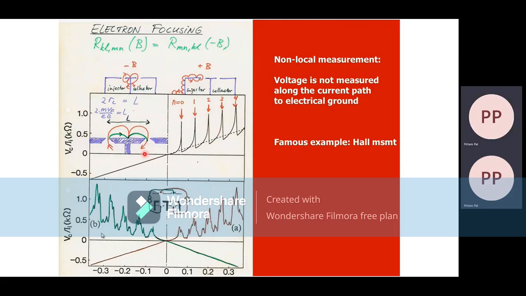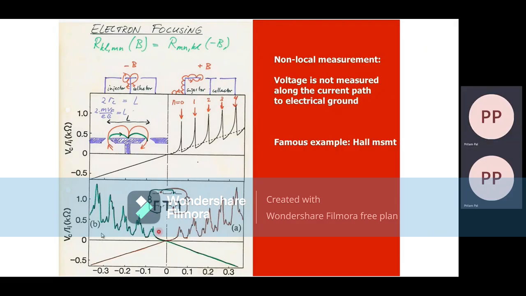Below here you can see the actual experimental data, where for the red trace the situation matches the theoretical prediction. The collector is on the right side, and we can see a series of peaks for positive fields and a featureless slope, a Hall effect, for negative fields.